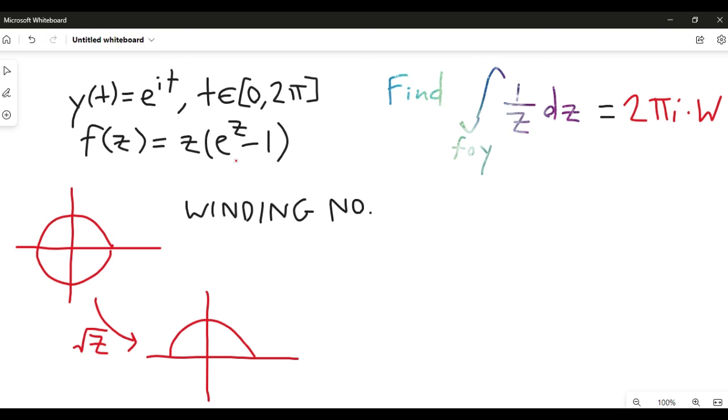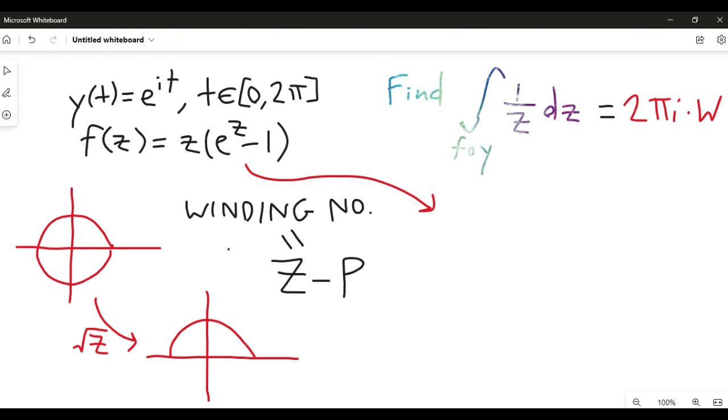So now looking at this function, what we can see about it is that there are a certain number of zeros, and there's a fact about this winding number, which is that it is always equal to the number of zeros minus the number of poles.